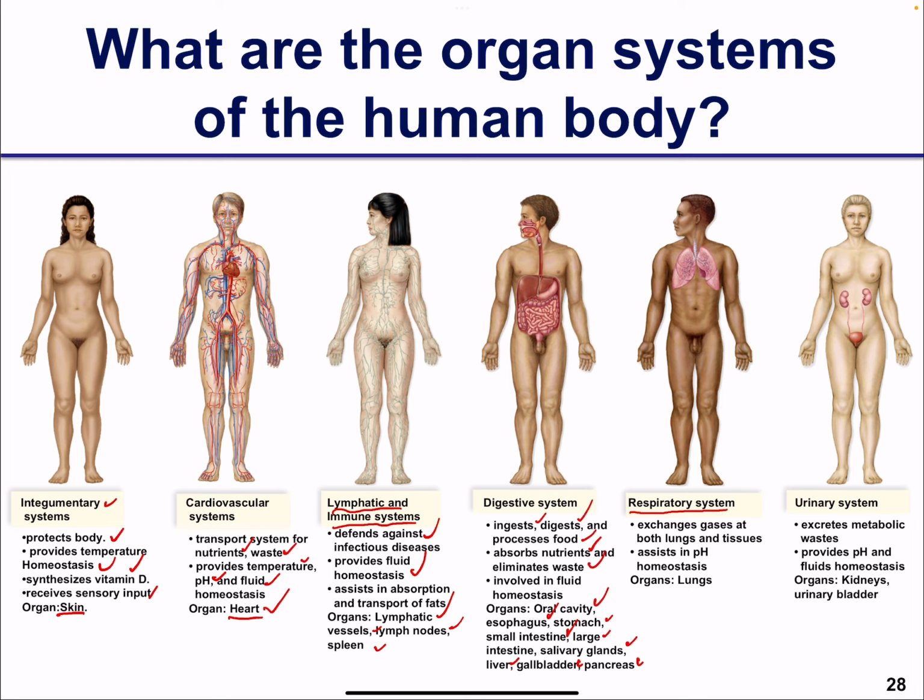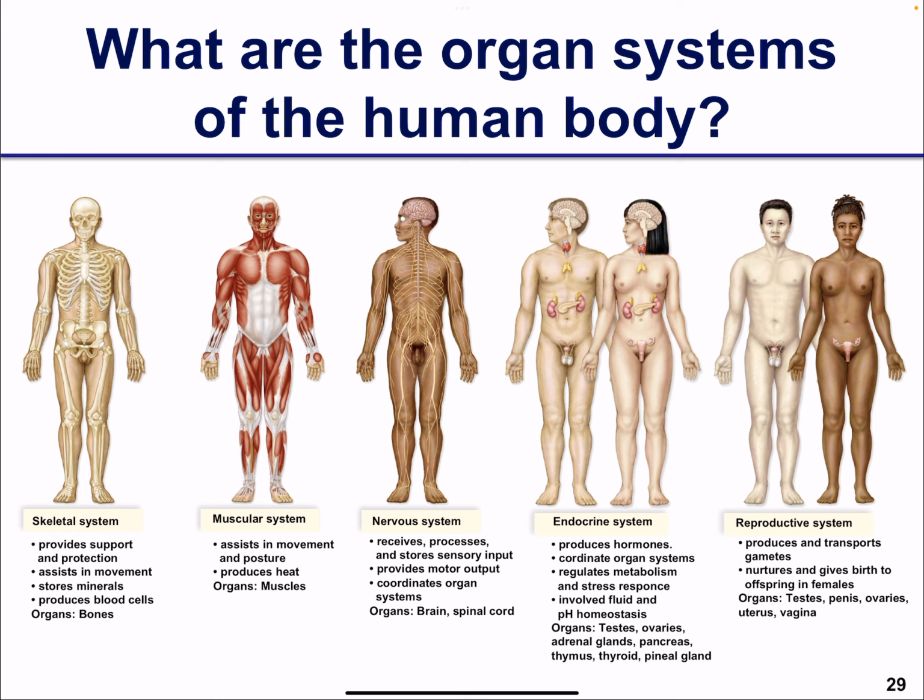Some examples of organ is going to be the lungs. The urinary system is going to be a system that is mainly focusing on excreting waste, but also maintaining a water-salt balance, right? Examples of organs, the kidney, the urinary bladder.